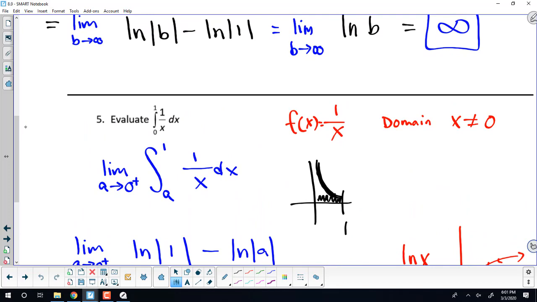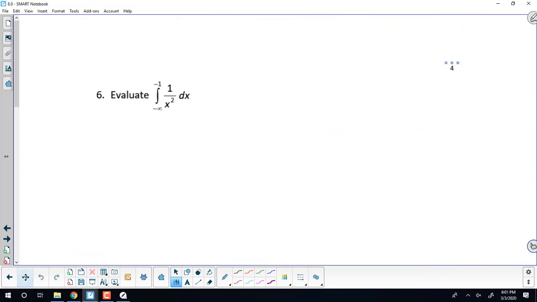All right, so the limit technique is really what's new here. And like with most of these, the issue is figuring out how to find the antiderivative. So we'll look at 1 over x squared from negative infinity to negative 1. We're going to compare that to the two examples we just did, which were 1 over x.